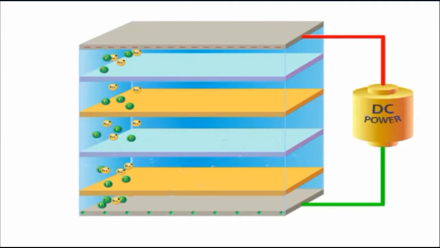And when pairs of ion selective membranes are placed in between these two electrodes, they help to separate deionized water and concentrated stream of water.